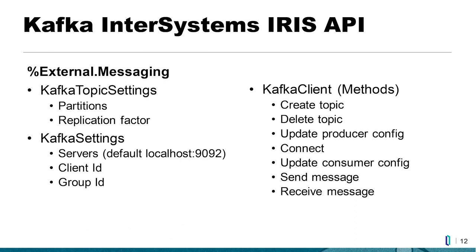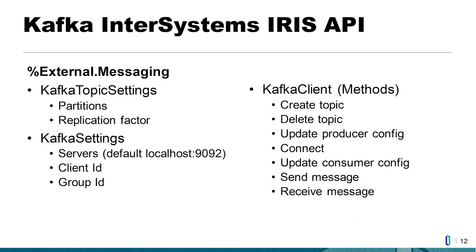We've got the %external.messaging library, which has all of these Kafka topic settings, Kafka settings, etc. These are low-level APIs where you would specify how many partitions your Kafka broker has, the replication factor, and how you want the particular Kafka broker to be configured, with settings like servers, client ID, group ID, etc. Then there are methods like create topic, delete topic, update producer configuration, consumer configuration, and so on and so forth. It's not an exhaustive list, but I put some of these out here just to show the kind of low-level API calls that are available.